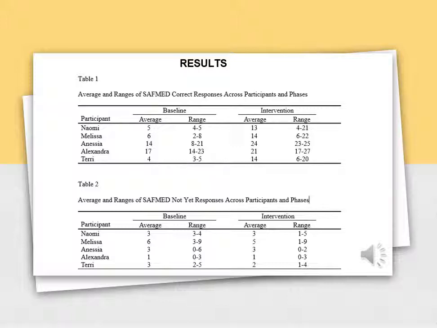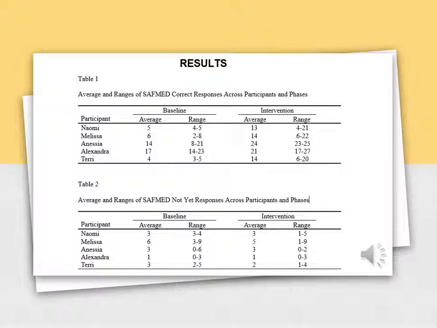Whereas during intervention, the averages are as follows: Naomi 13, Melissa 14, Anessa 24, Alexandra 21, and Terry 14. And the range for Naomi was 4 to 21, Melissa was 6 to 22, Anessa 23 to 25, Alexandra 17 to 27, and Terry 6 to 20.